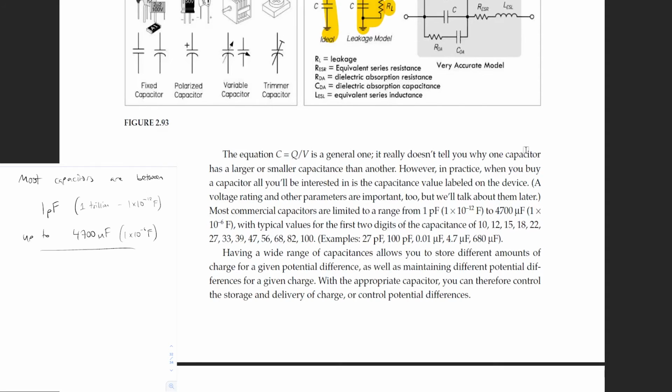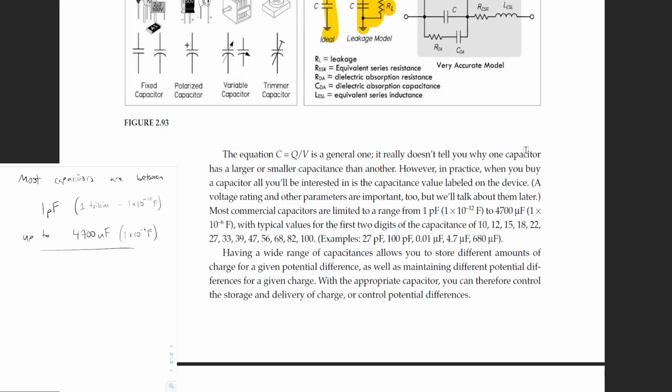Having a wide range of capacitances allows you to store different amounts of charge for a given potential difference, as well as maintaining different potential differences for a given charge. Read that again.